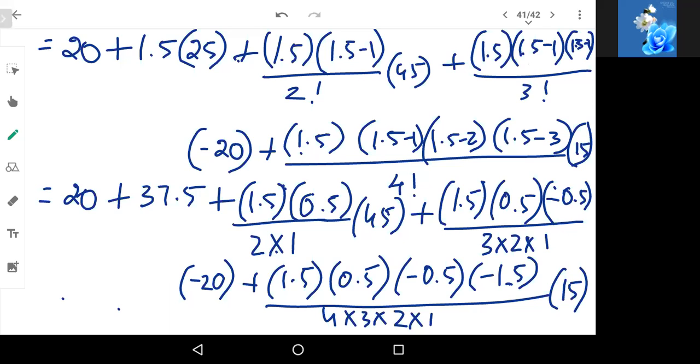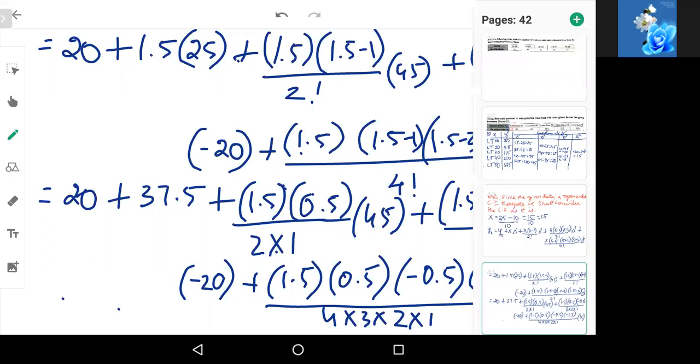Show each and every step of the calculations. I don't want you to skip any calculation in between.